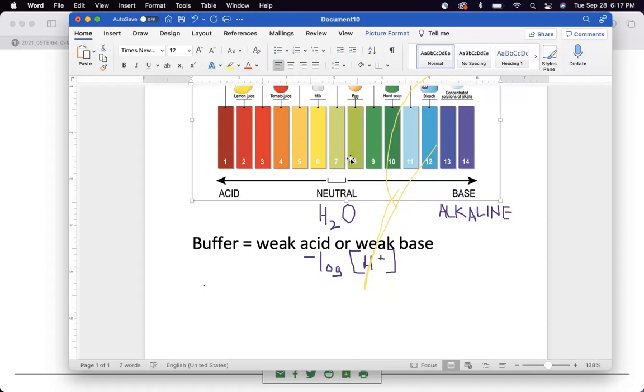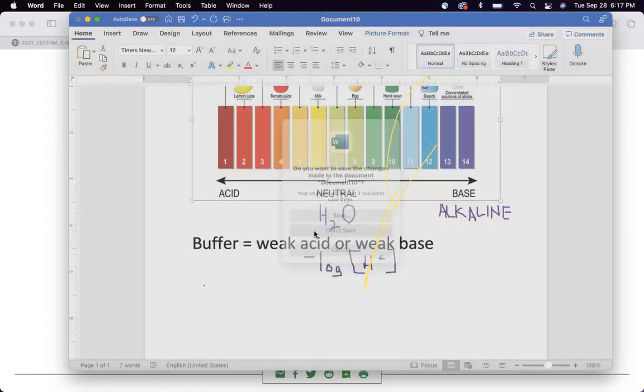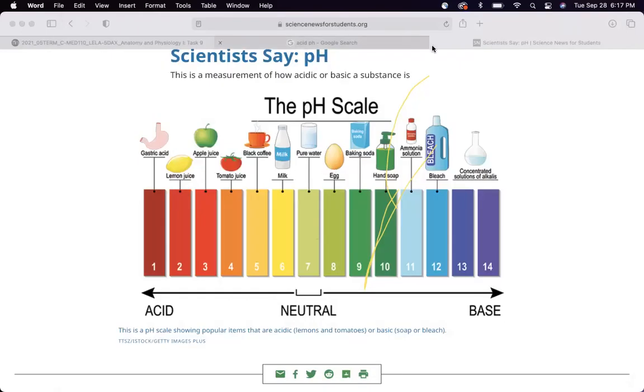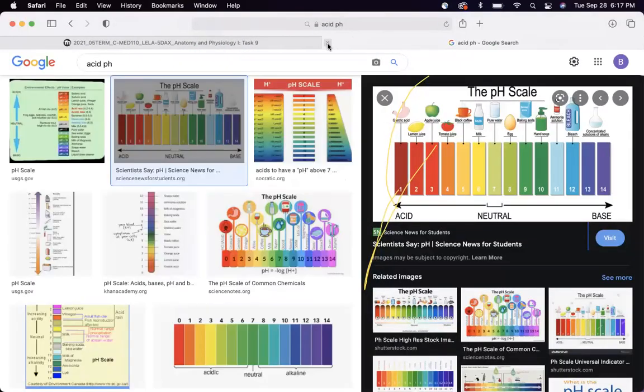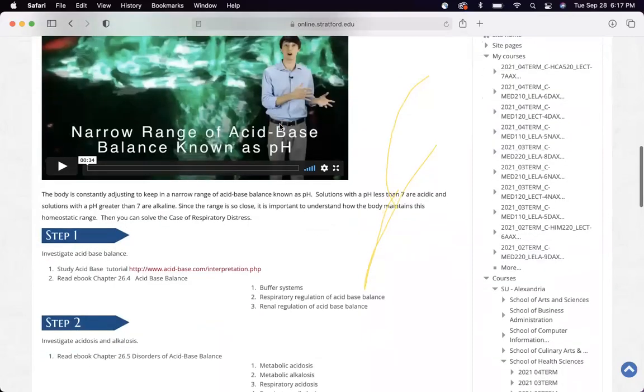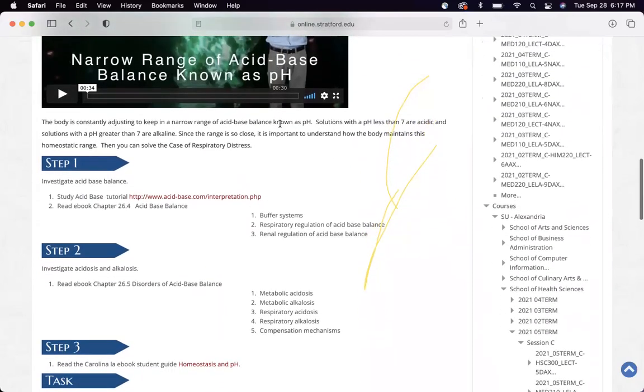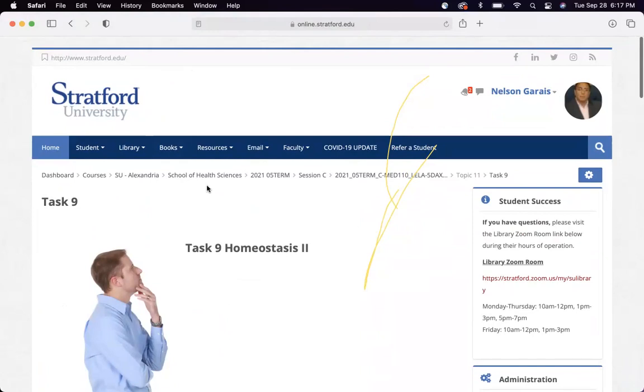And what am I doing? I'm doing that so I can bring the pH of my patient towards the middle. And that's the goal of what we want to do. So let's go back to chapter 26.